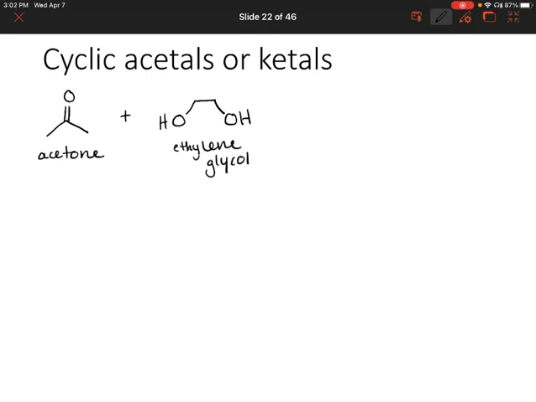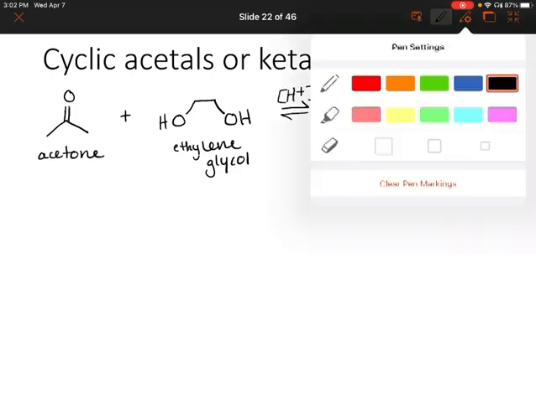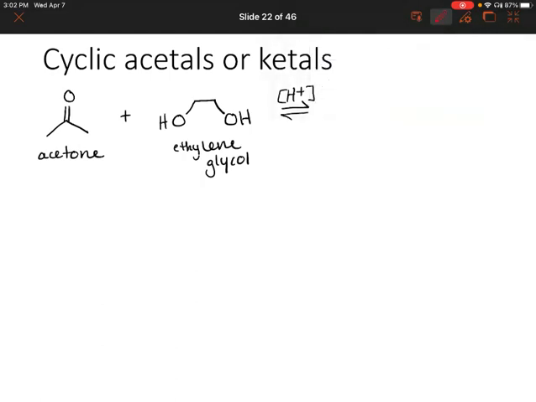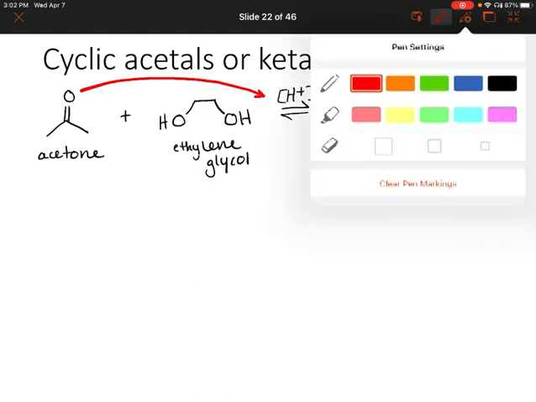So notice that the two alcohol groups are connected by a 2-carbon chain. Again, we're going to use catalytic acid for this reaction. So the first step, we're going to protonate the oxygen at the top.